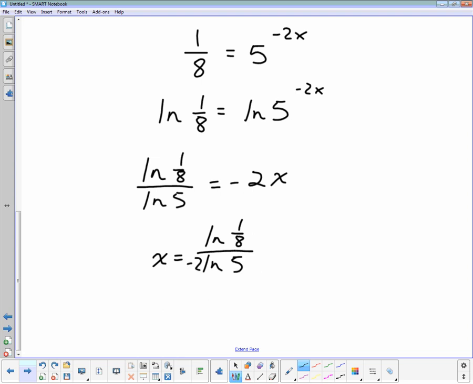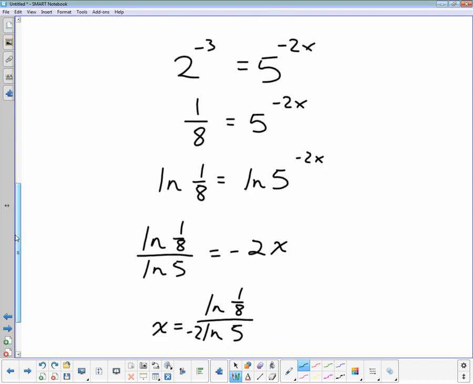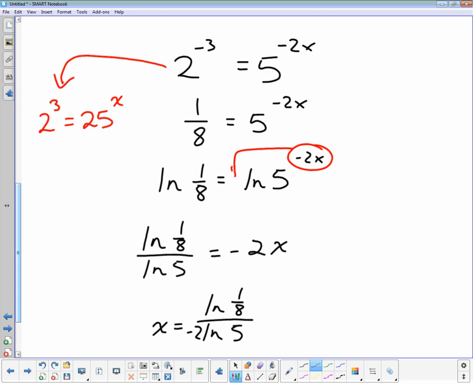I did it a little differently when I was doing it, because right here, I went off on a tangent and did, because you take the negative 2x, you bring it down in front, and then you divide out by the natural log.